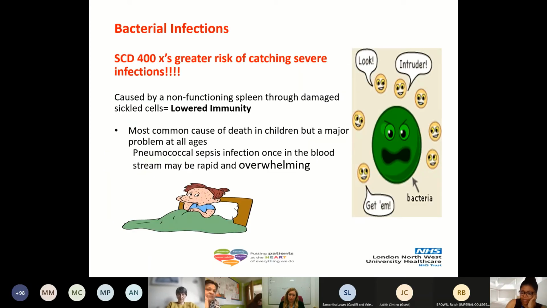Bacterial infection is why children need the penicillin: children are 400 times more likely to catch severe infections because of low immunity. So pneumococcal sepsis is a real big one, it's actually a killer for children with sickle cell disease. So it's important to keep infection at bay.